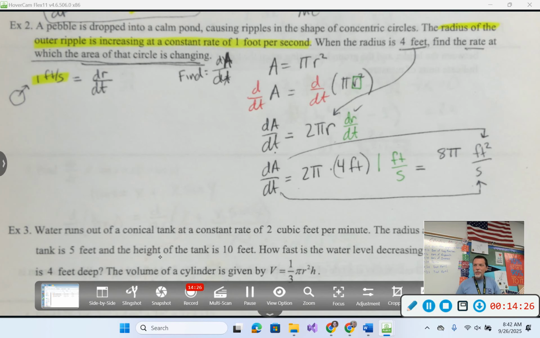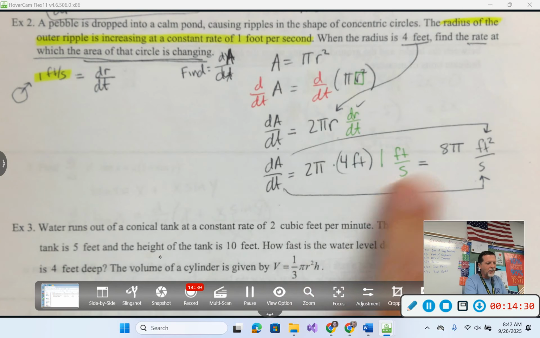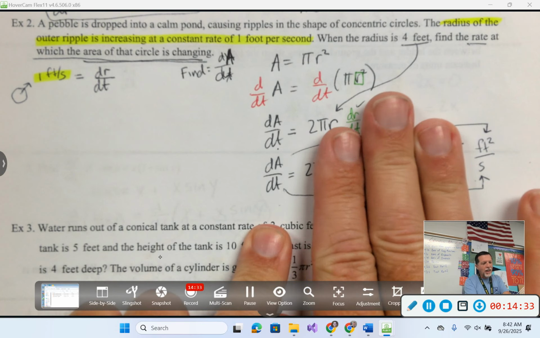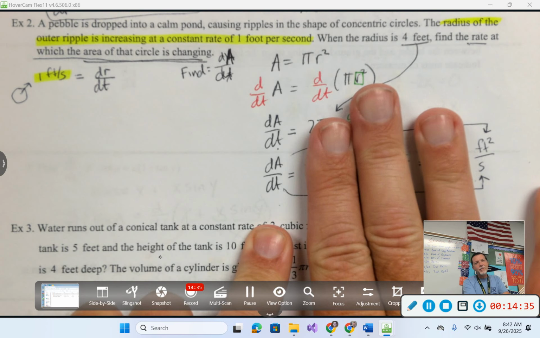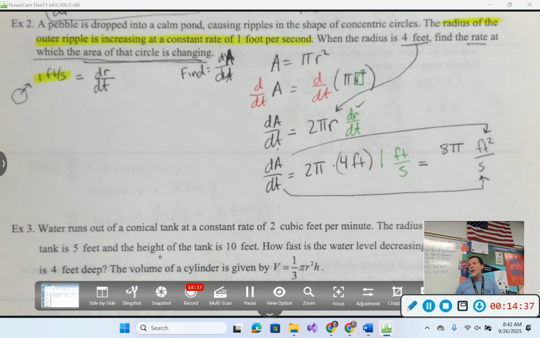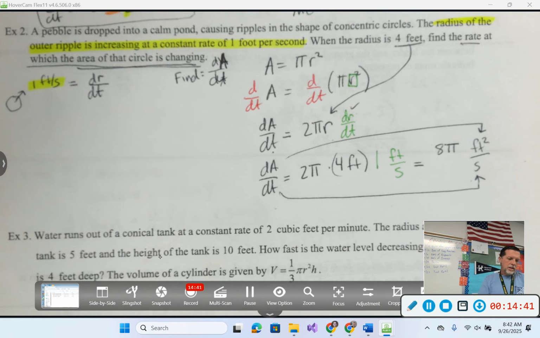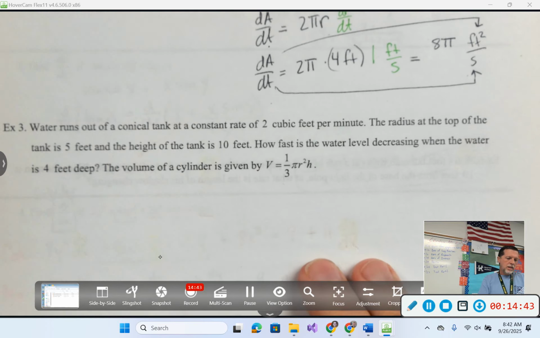If it says include units, units is worth a point, which means even if you forget all of this stuff and you just say, well, I don't know, but the unit's got to be feet squared per second, then you're going to get some credit on that question. Questions on that one?